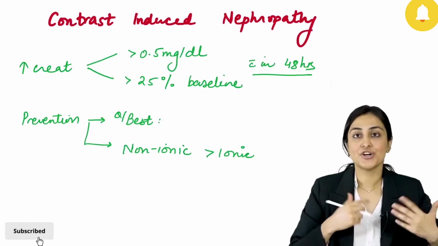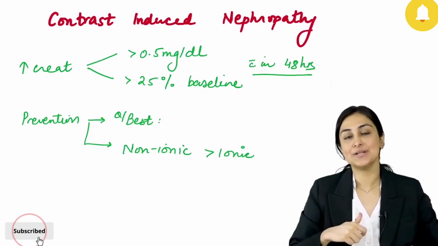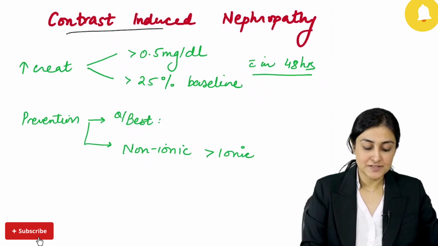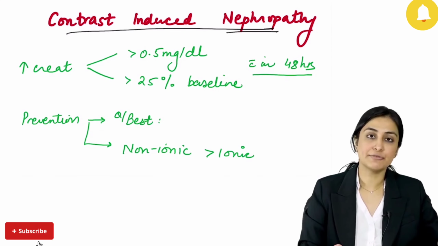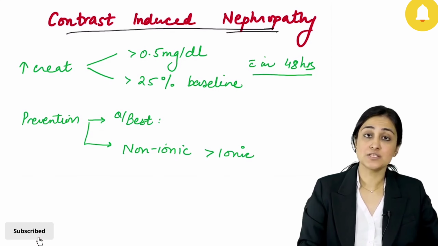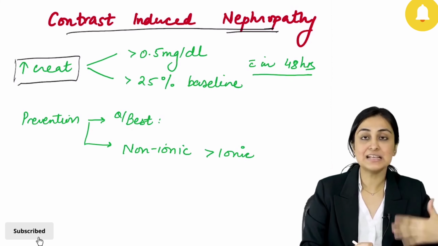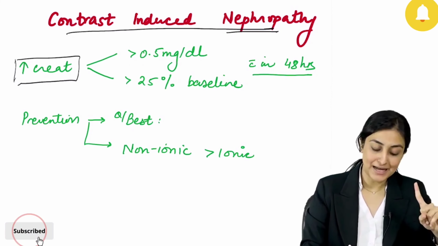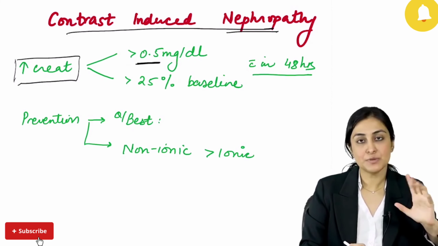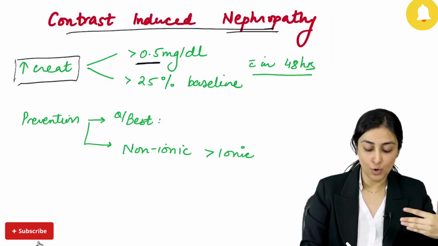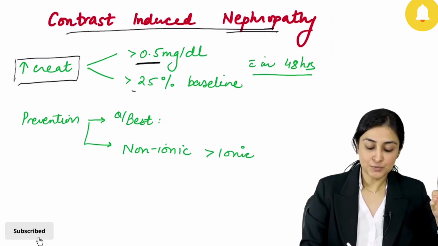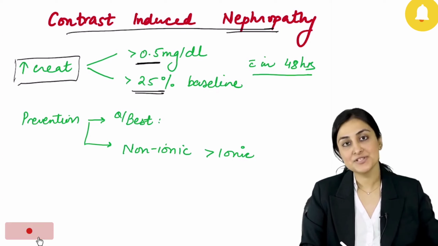Now let's talk about contrast induced nephropathy. Now the iodinated contrast media have this adverse effect of producing nephropathy. Alright, they have this adverse effect on the kidneys. So now how is it defined? Contrast induced nephropathy is defined as an increase in the creatinine by more than 0.5 mg per dl absolute increase, or if we know the baseline value, there is a relative increase by 25%.